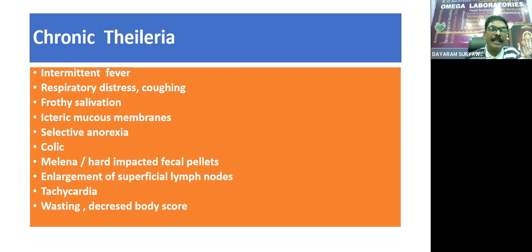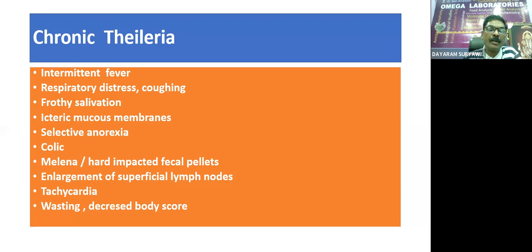Then in chronic theileriosis, there is intermittent fever, respiratory distress, coughing, frothy salivation, icteric mucous membranes, selective anorexia, colic also, melena, hard impacted fecal pellets, enlargement of superficial lymph nodes, tachycardia, and one of the consistent findings is wasting and decreased body score.